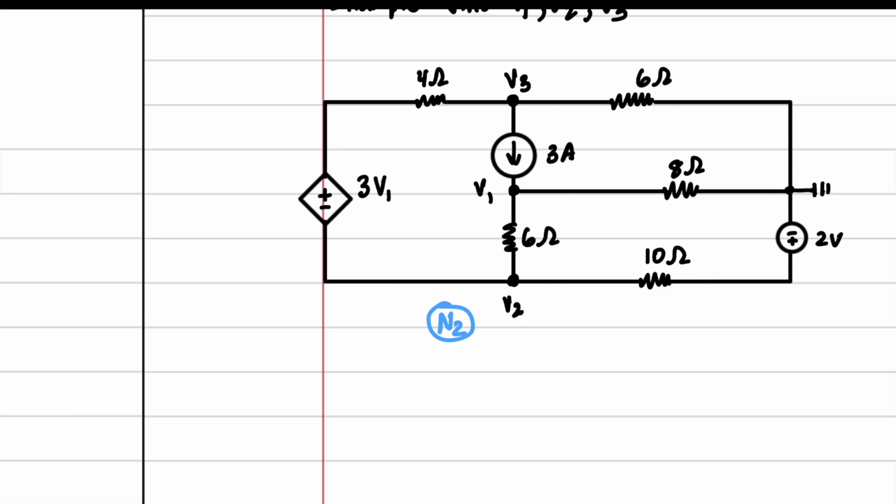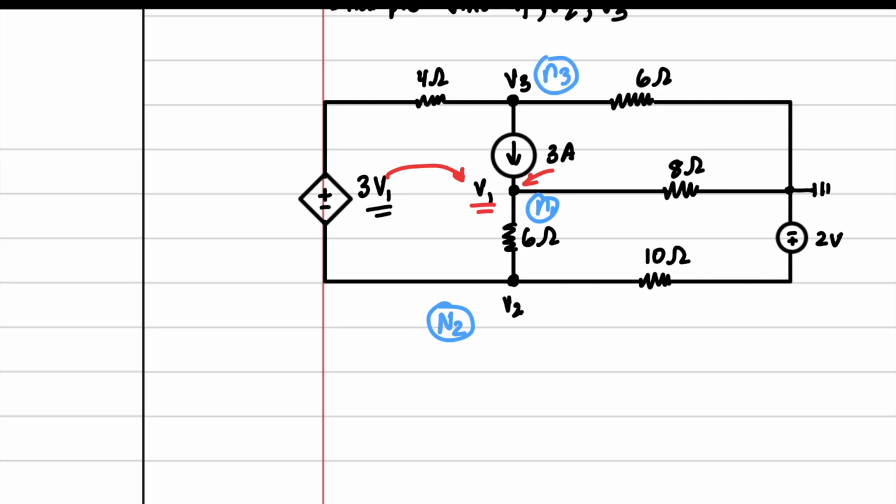So basically, this battery forces 3 times V1, and V1 is related to this V1 right here. It's dependent on the voltage at this node, okay? And we'll just go ahead and call that node 1, and this one node 3.